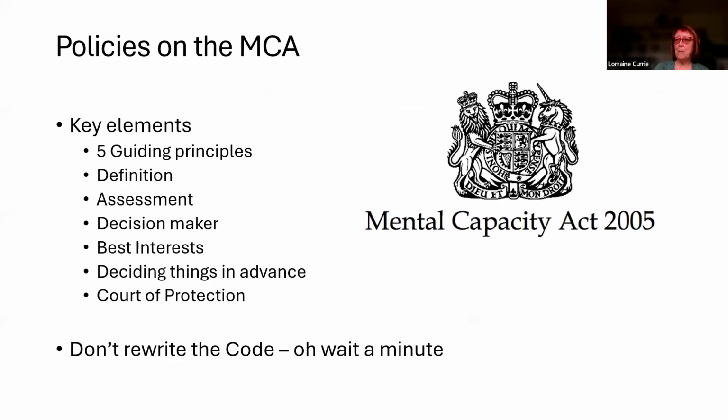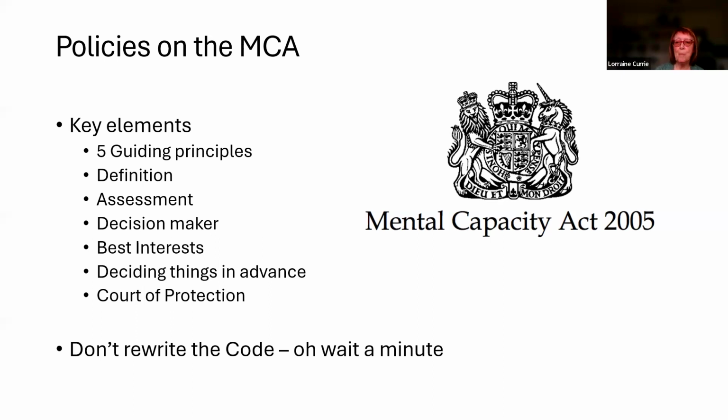So if you're writing a policy actually on the MCA itself, then I would suggest that it probably has to have some of these key elements. So it needs to talk about the 5 guiding principles. It needs to have the definition of the MCA. It needs to talk about the assessment of capacity. It needs to talk about who is the decision maker, when that might be different people.